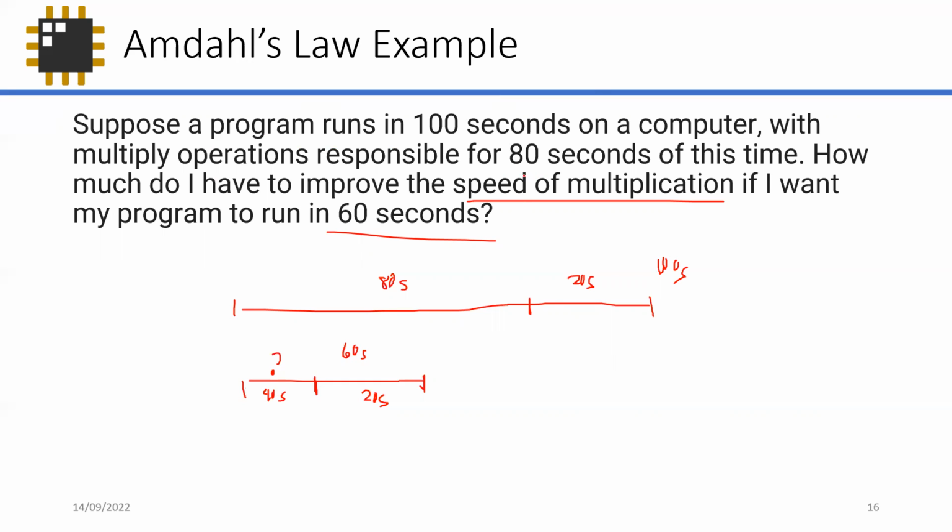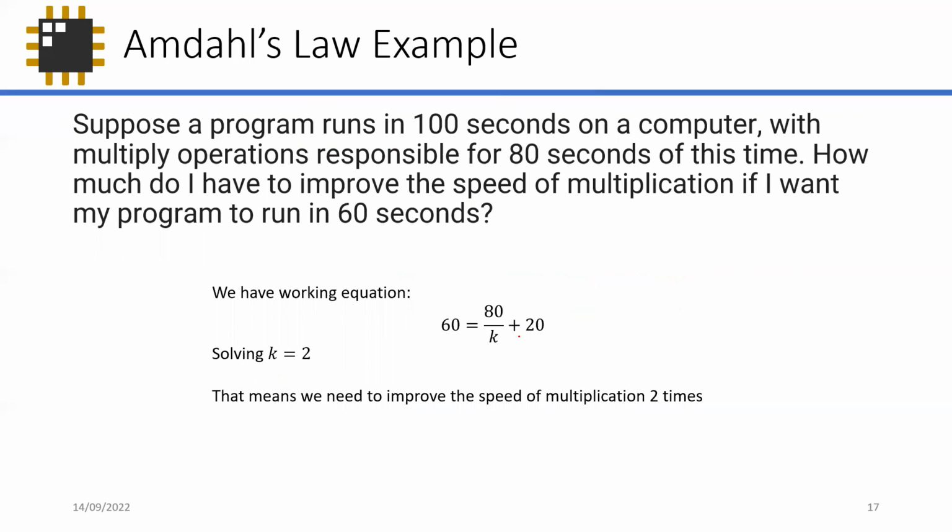I need my multiplication to be 40 seconds shorter. So if it runs originally 80 seconds, that's the old, and then the new is around 40 seconds, then how much speed up do I need? From 80 to 40, you only need a speed up of 2. Correct?